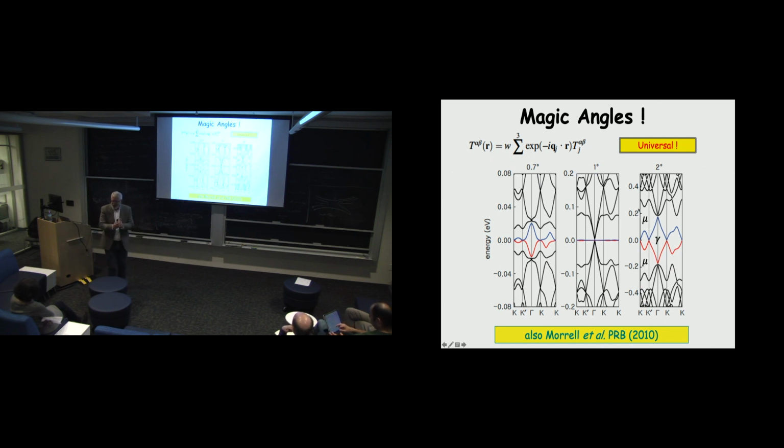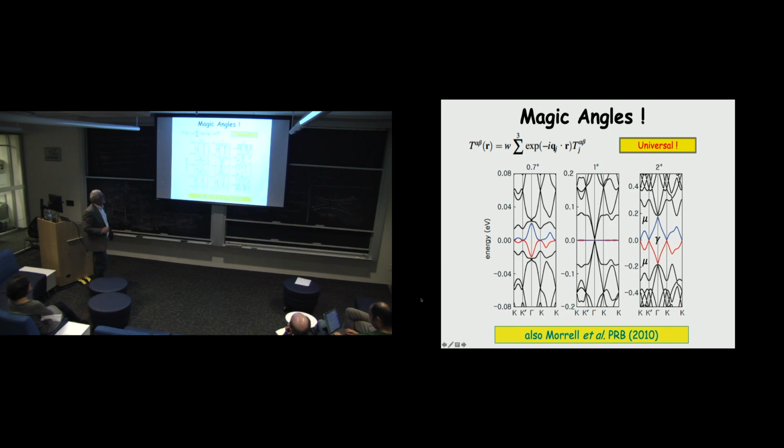It's pushing them away from all of the high energy states. And so the magic thing that happens in this system is that these bands, the blue one, which I'll call the conduction band, and the red one, which I'll call the valence band, get pushed together as the twist angle goes down, and they get pushed together at all momenta at nearly exactly the same twist angle.